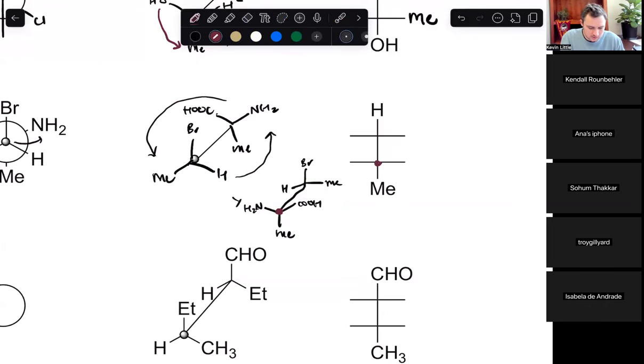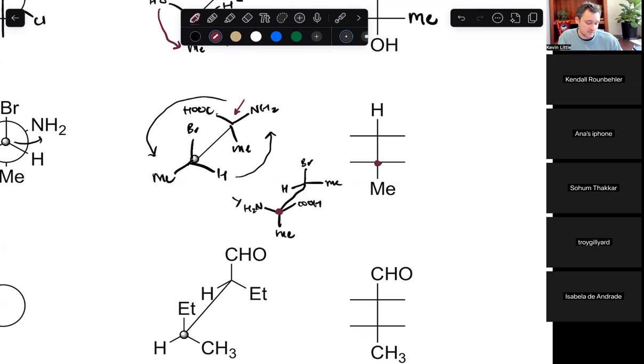Or we can just pretend that we're standing in the back here and we're looking at the molecule from the back side, which sounds like it might take a lot of imagination, but it's not as bad as you think it is. So if I'm doing that, I need to look at this molecule like this to get this methyl. Oh, wait, sorry, we're looking at this methyl. I need to look at it just straight here to get that methyl down away from me.